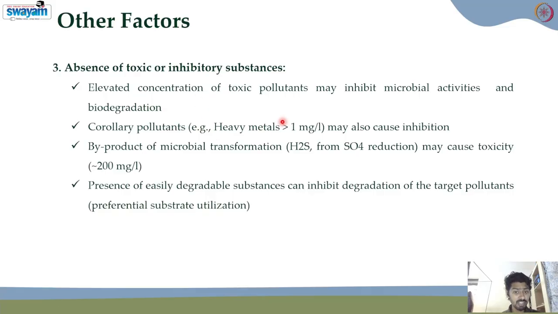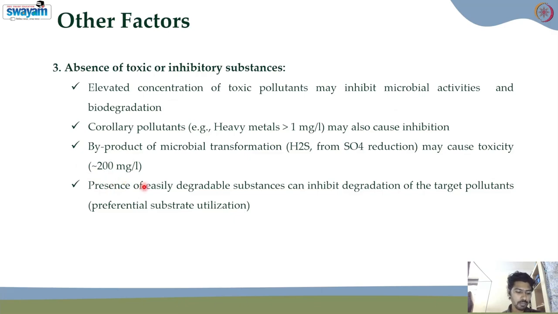For example, some heavy metals like cadmium and chromium, even above 1 ppm, act as toxic and inhibit growth. Sometimes even a byproduct of microbial action becomes toxic, like H2S from sulfate reduction, which acts as a toxin if its concentration is 200 mg per liter, which we call 200 ppm.